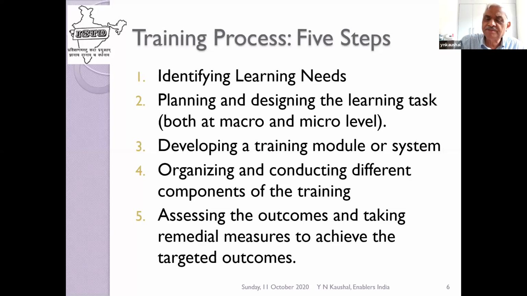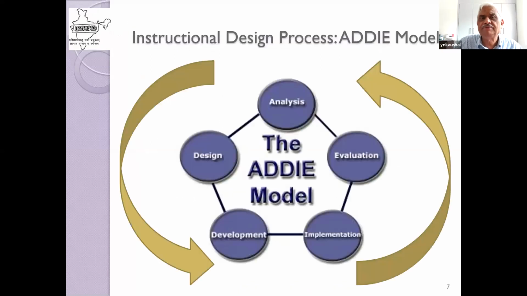This is very similar, though in slightly different language, to what is called the ADDIE model, which many of you would be aware of. The ADDIE model is quite popular in America. You go anti-clockwise. You start with analysis, which is essentially the training need analysis or problem analysis.